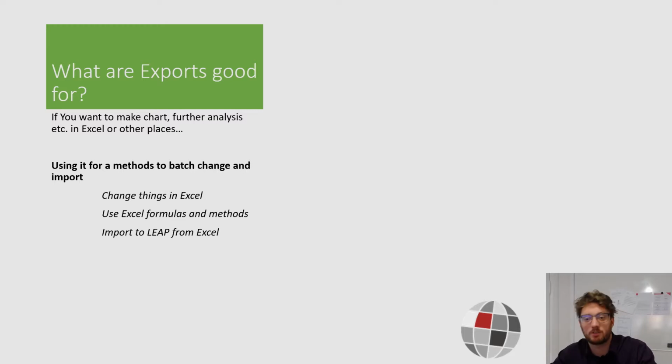We make our branches, we make our units, scales, everything. Then we export that to Excel. Then we change that in Excel using Excel formulas or just our general Excel skills. Meaning we can change things on a big level, batch level. We can do quite a lot, and then we can import that back into Leap.